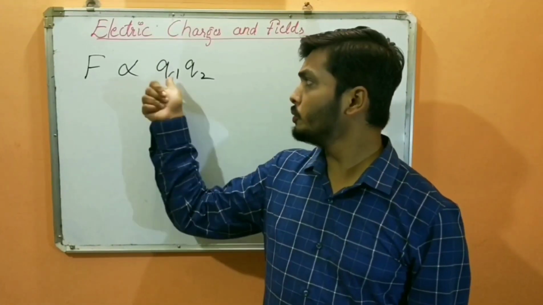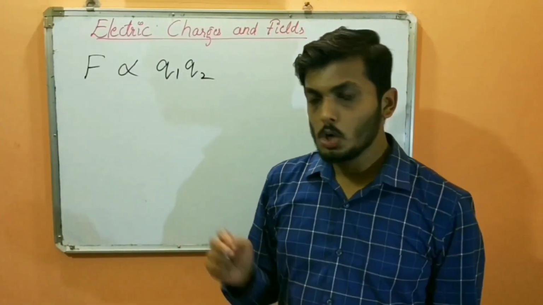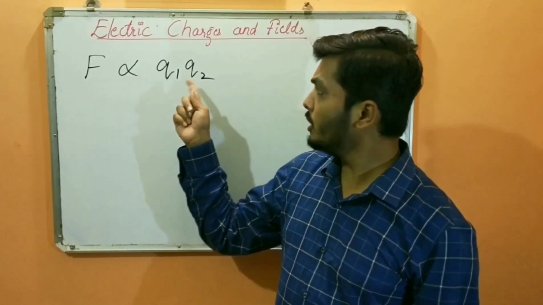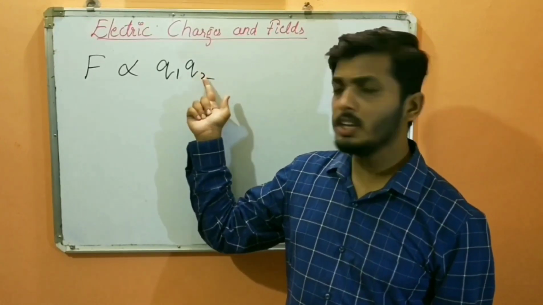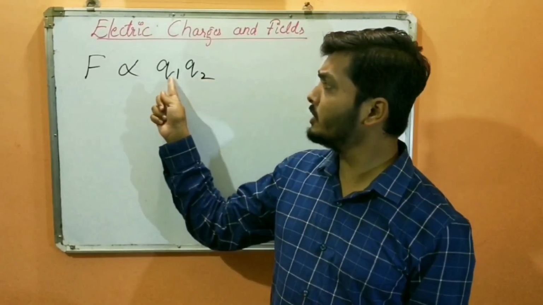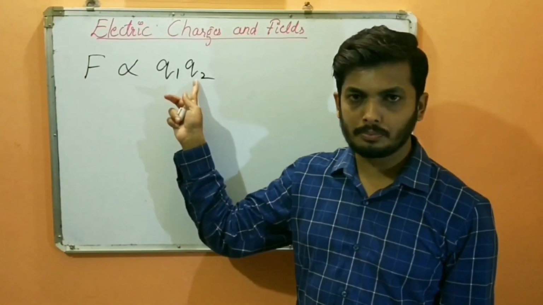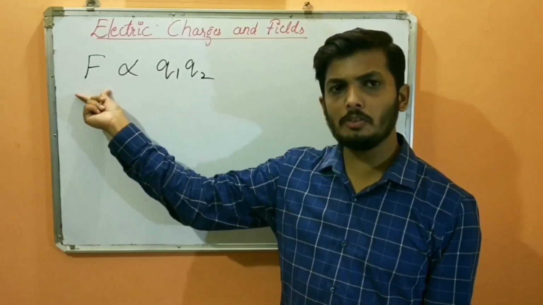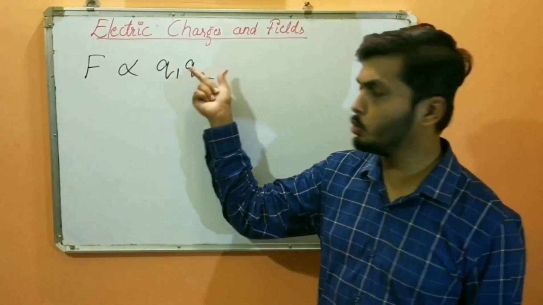So this force will be directly proportional to the product of the two charges. The force depends upon the magnitude of the charges. So out of Q1 and Q2, if Q2 has more charge, then definitely the other charge will experience more repulsive force. So this electrostatic force of attraction or repulsion depends upon the product of the magnitudes of the two charges.